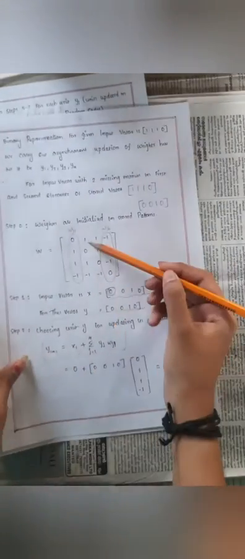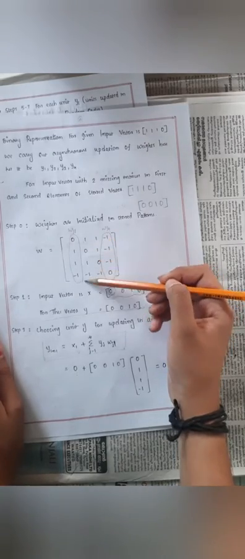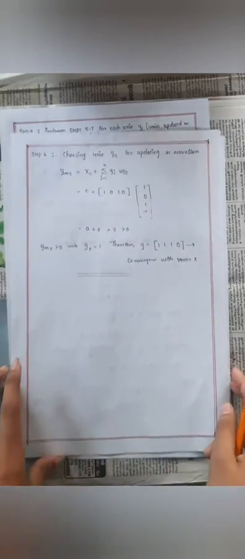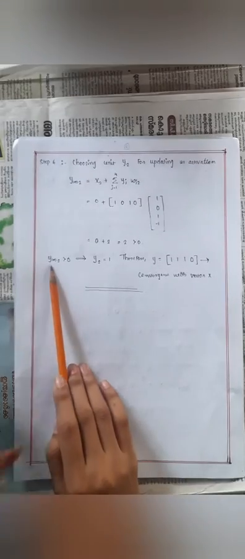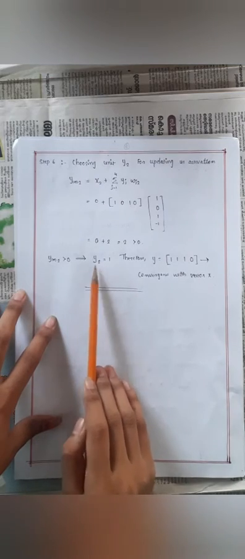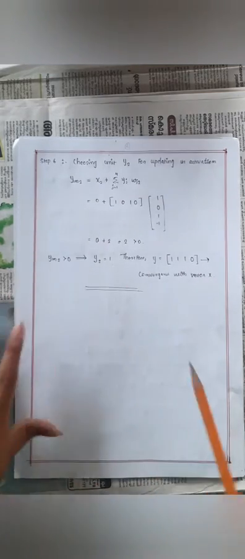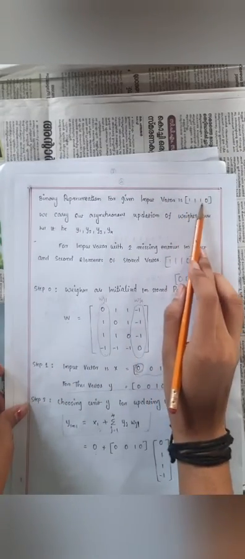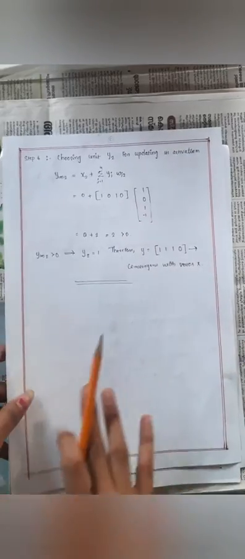Wj2 is the second column of the weight matrix. So we write it as 1 0 1 minus 1. When we calculate this, we get the value 2. This is also greater than 0. So y_in2 is greater than 0, so the value of y2 is equal to 1. Therefore we get another matrix, y is equal to 1 1 1 0. This is convergence, because our binary representation value is 1 1 1 0 and we also get 1 1 1 0. So this is convergence.